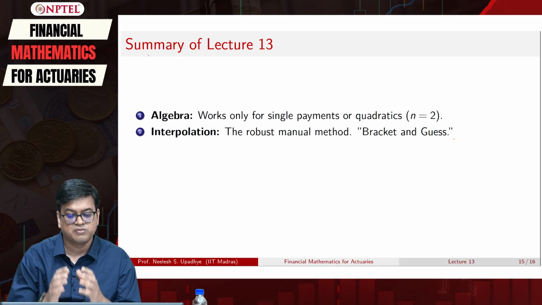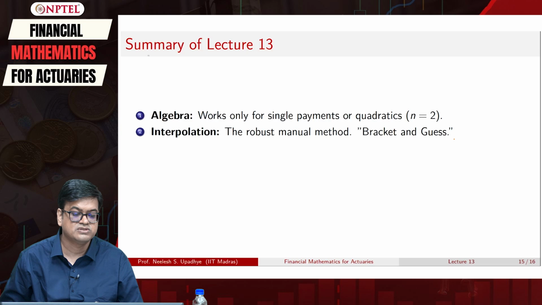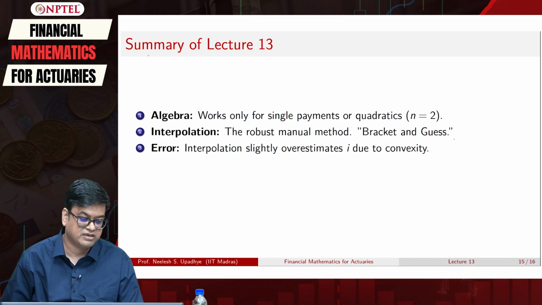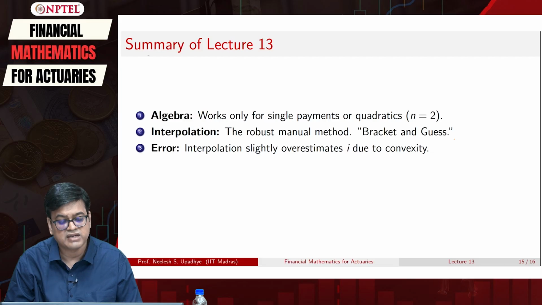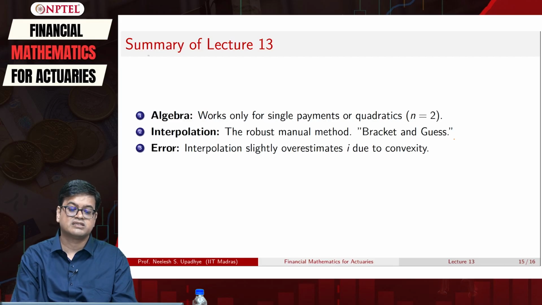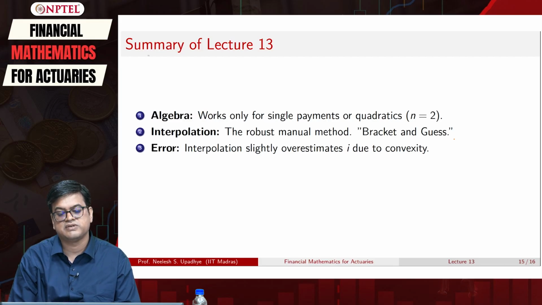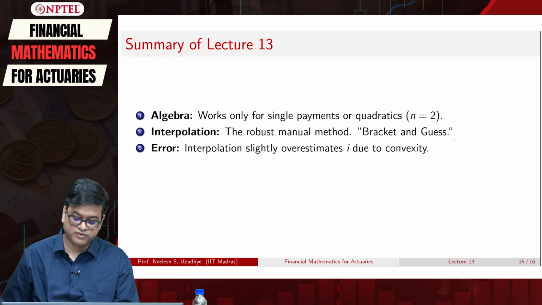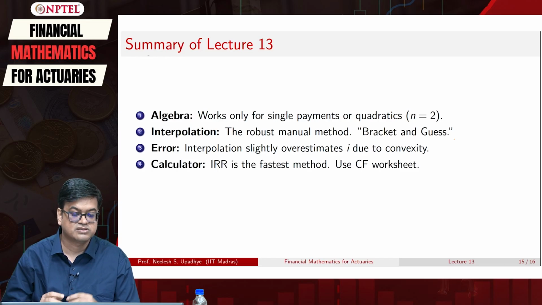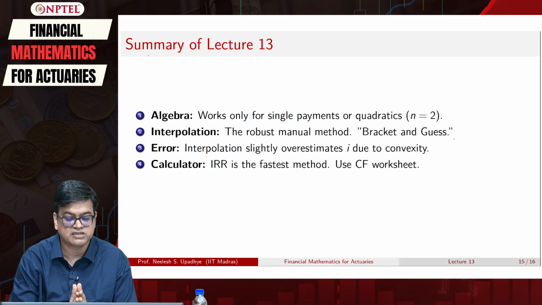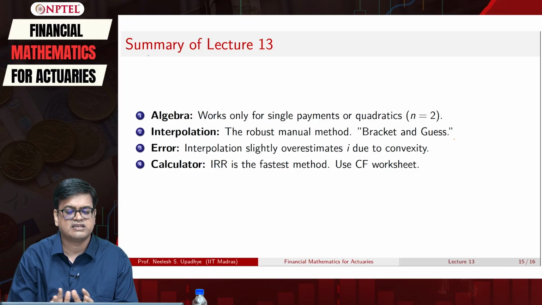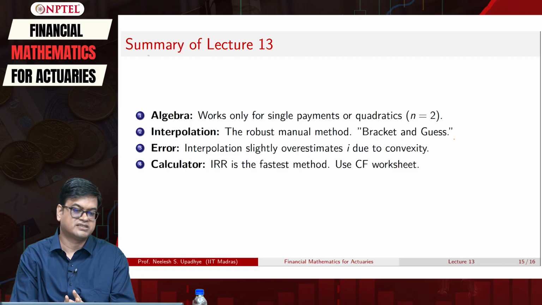First is bracket and guess, and once we have guessed, you will use linear interpolation for estimating the value. But the problem with linear interpolation is it slightly overestimates due to convexity, and in such cases you will use IRR, the fastest method, which uses the cash flow worksheet and can easily compute the correct interest rate.